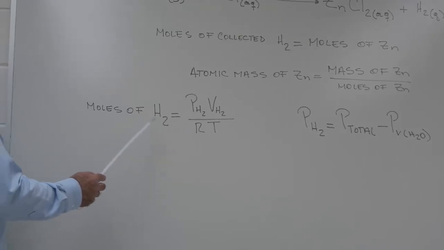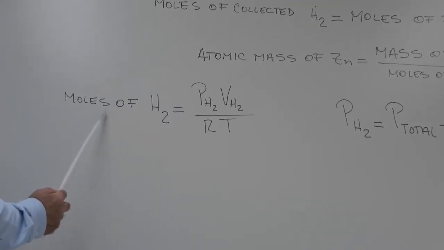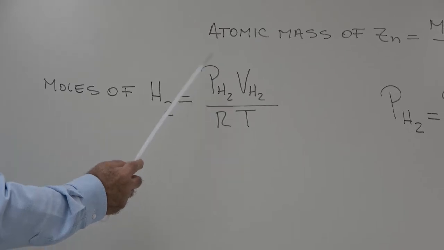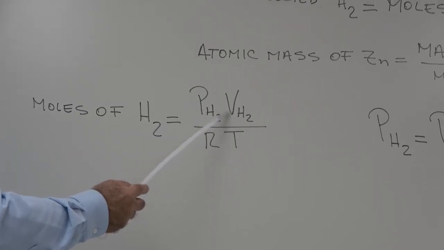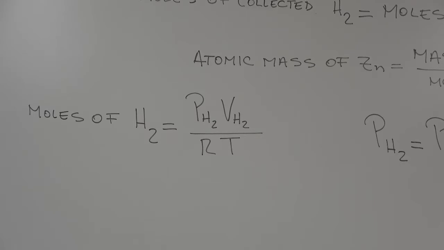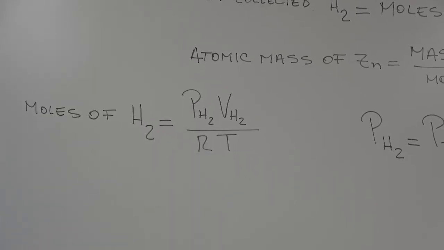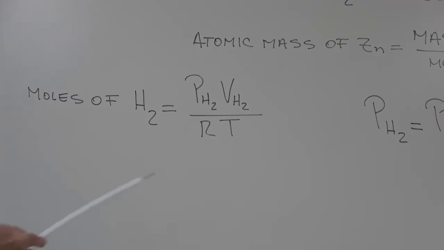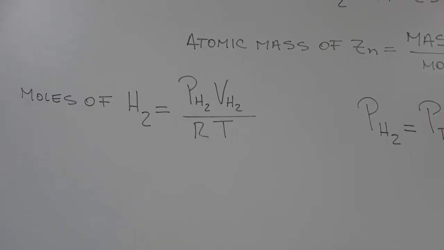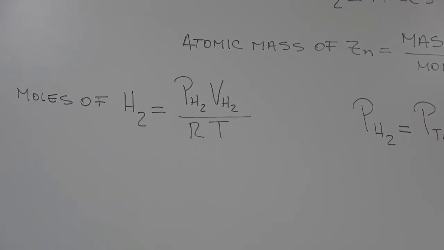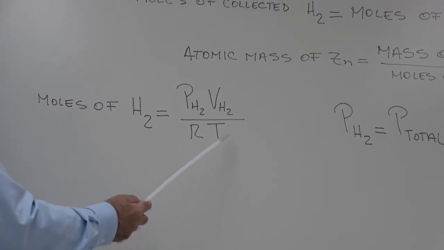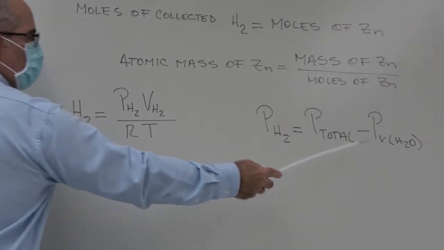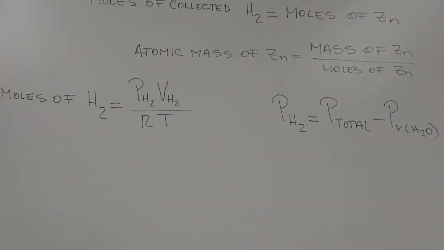In that particular case, the number of moles of hydrogen is going to be equal to the pressure of hydrogen times the volume that you're going to measure experimentally, divided by R, which is the universal constant for the gases, and the temperature at which you conducted the experiment, which is, in this case, the temperature of the water, the same one that you use to get the vapor pressure of the water.